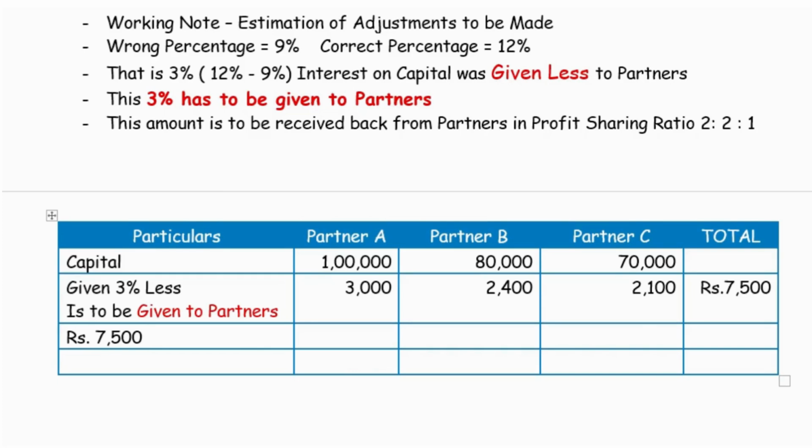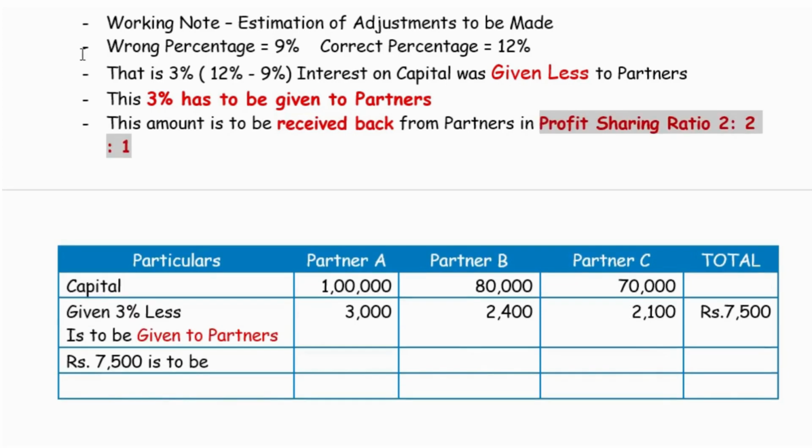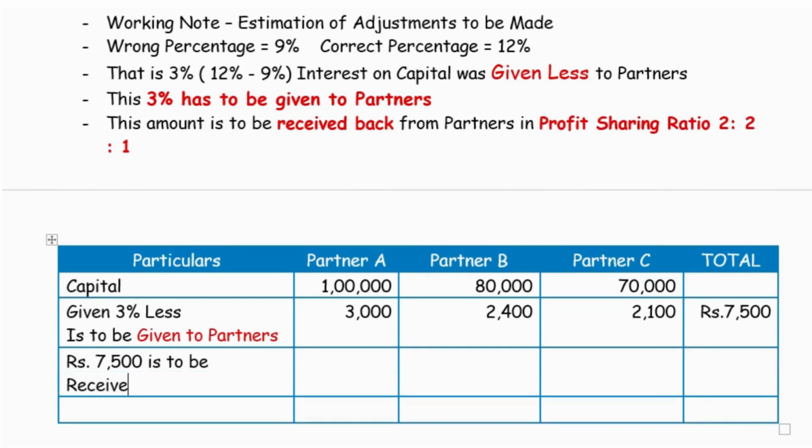So it is to be received back from the partners. This 7,500 is to be received back from partners in their profit sharing ratio.